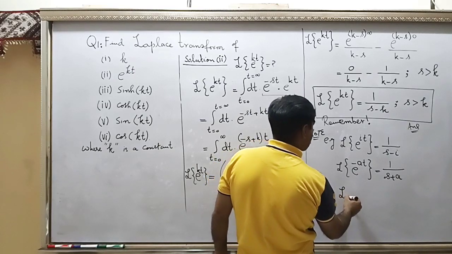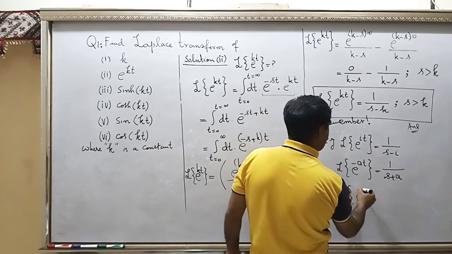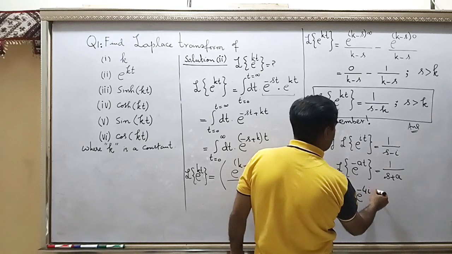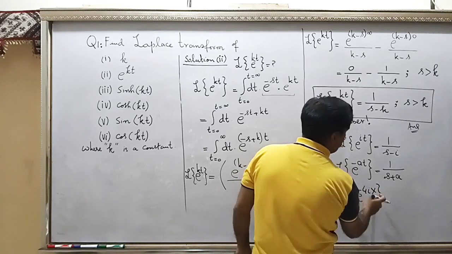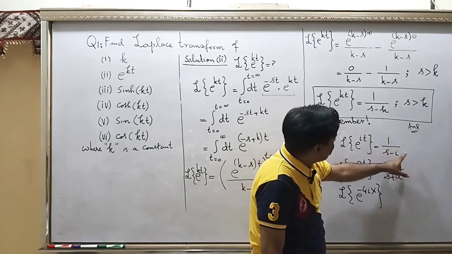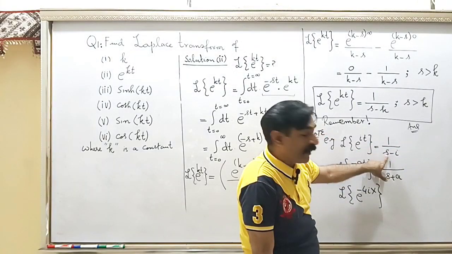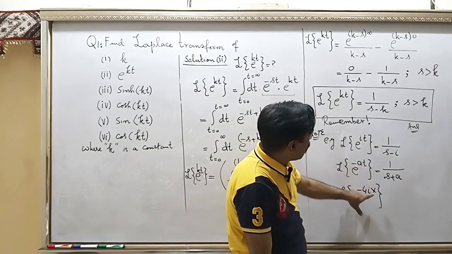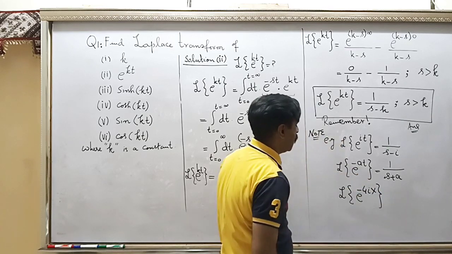Similarly, if you have the Laplace transform of e to the power minus 4ix, for example, you have variable x, but you know the variable vanishes in the final result. In the final result, you have the new variable. So be it t or x, the result will not change.